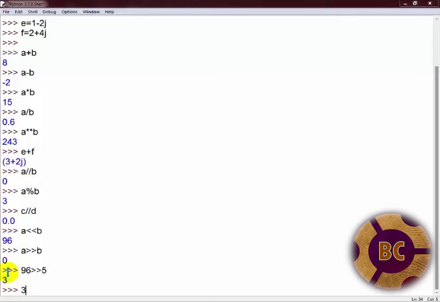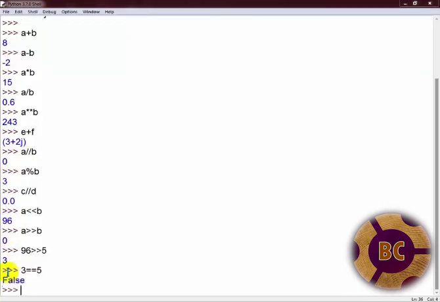3 equal to 5. The result is false, because 3 is not equal to 5.